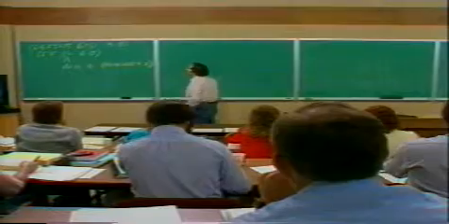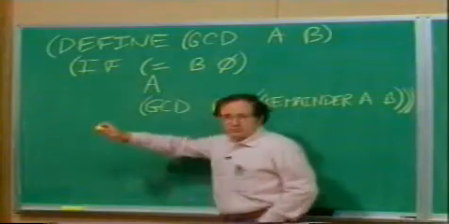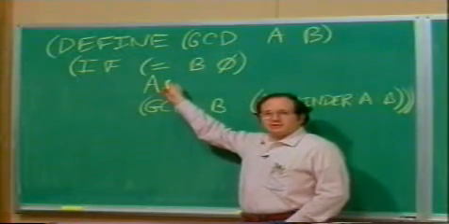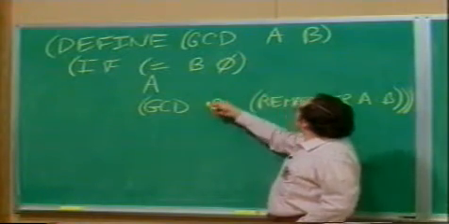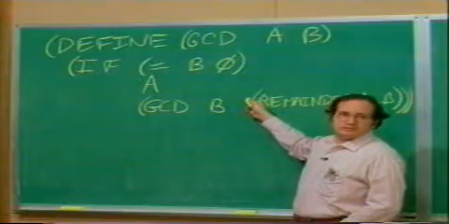And the way it works is that at every step, it determines whether B was 0. And if B is 0, we got the answer in A. Otherwise, we make another step where A is the old B, and B is the remainder of the old A divided by the old B.